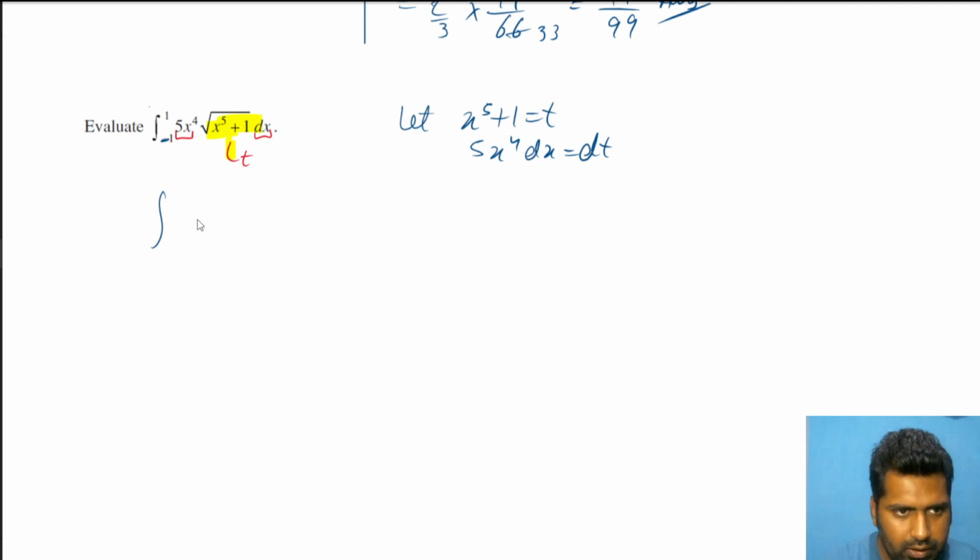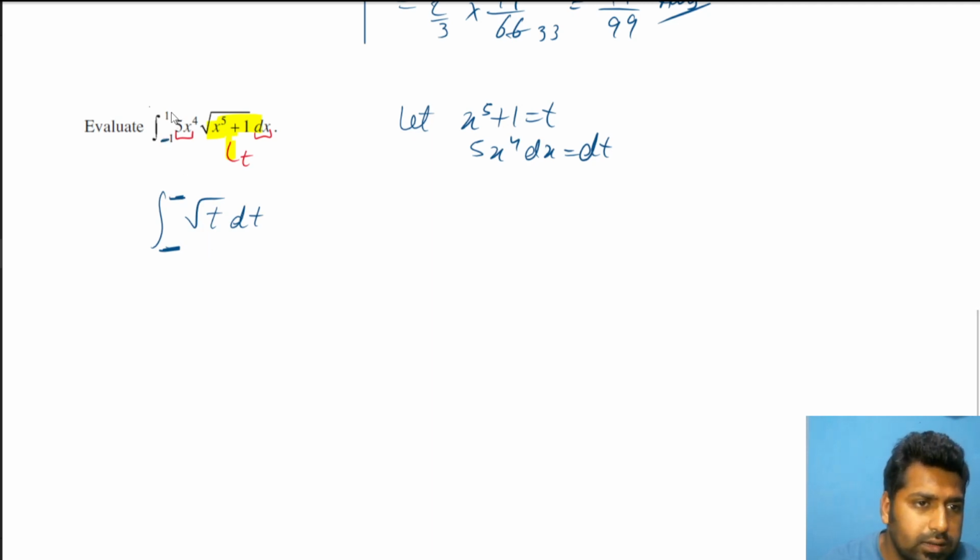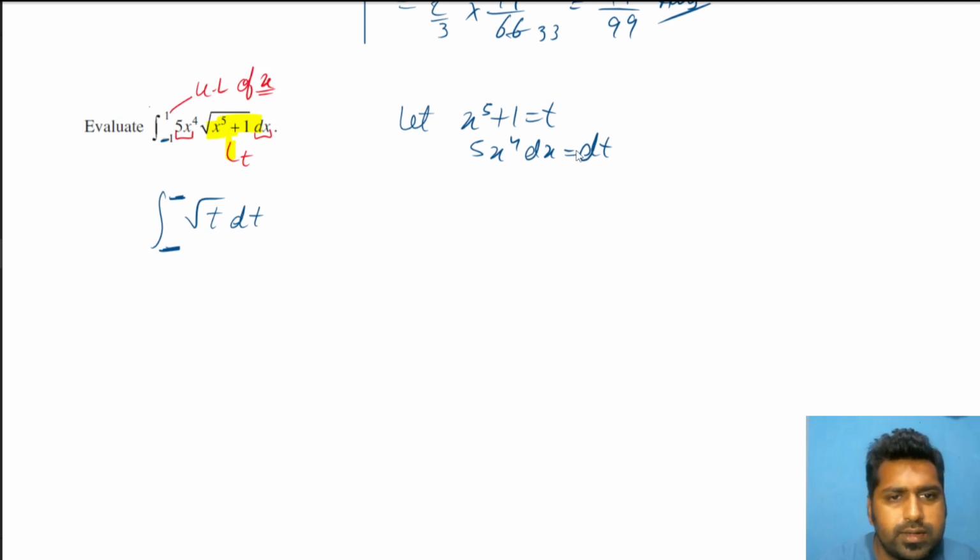Okay, so this becomes square root t dt, if only I know what is the limit now. I cannot use minus 1 and 1 because these are the upper limit and lower limit of x, not t. So I need to convert it.